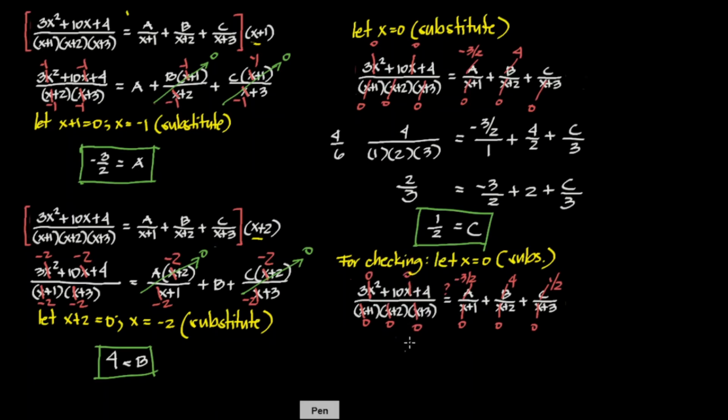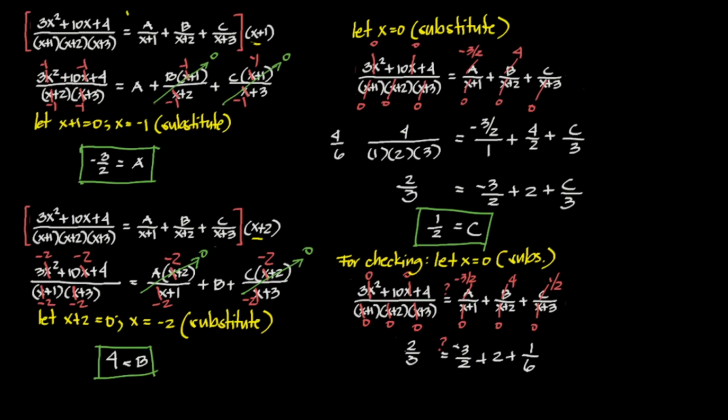So we have 2 over 3. So we have ilan ba to? Negative 3 over 2 all over 1 ito. So we have negative 3 over 2 plus 4 over 2, that's 2. Ito naman 1/2 over 6, that's 1 over 6. Tama. So, lagay natin dito question mark.